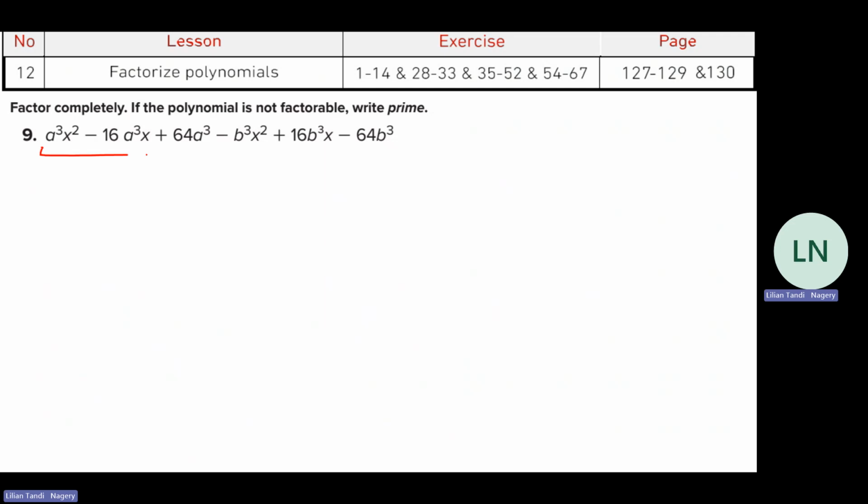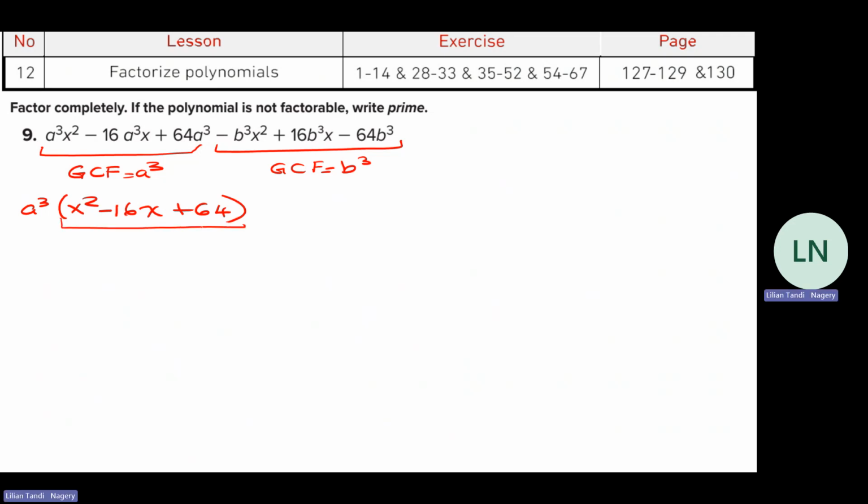Put your A's together and your B's together. Greatest common factor is A cubed. Greatest common factor is A cubed. Greatest common factor is B cubed. Okay, so A cubed, x squared minus 16x plus 64.